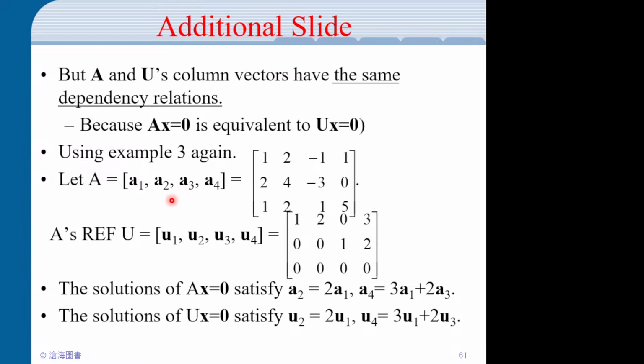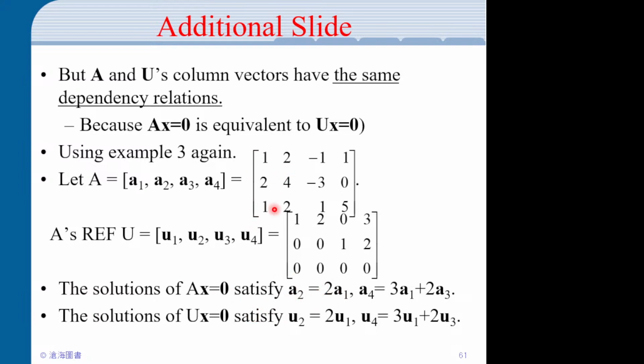That means, so if some linear combination of the columns of A equals 0, then the same linear combination of the columns of U will also equal 0. So a very good example is these two, right?